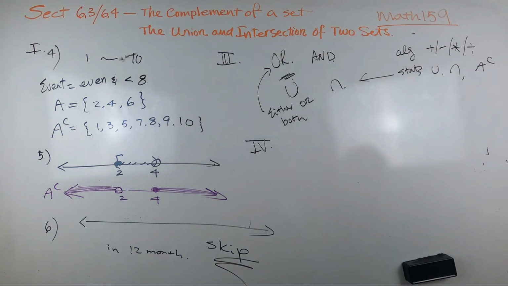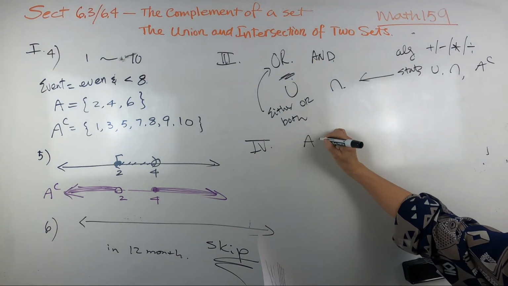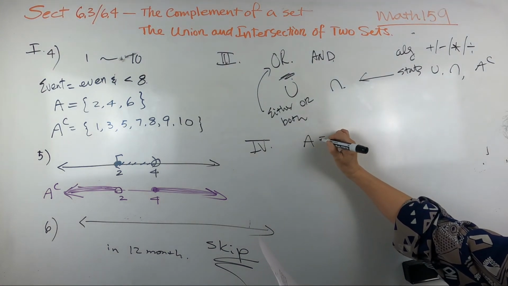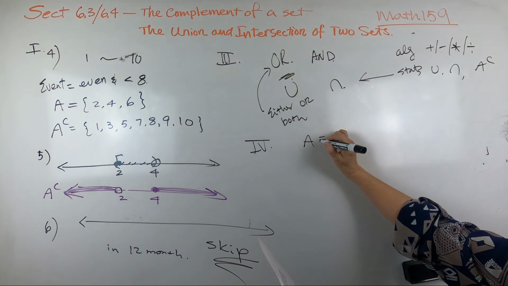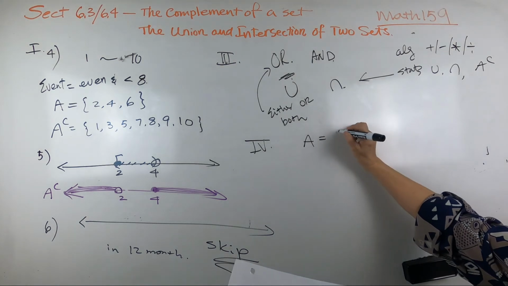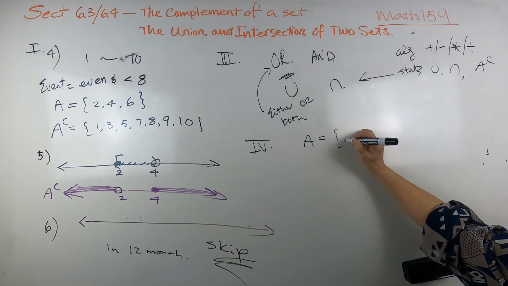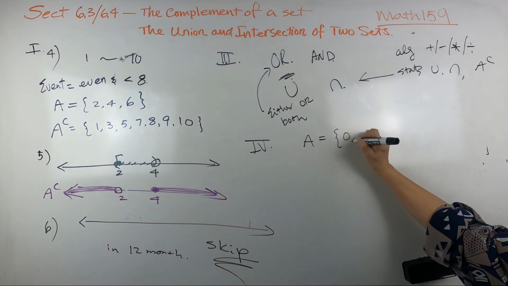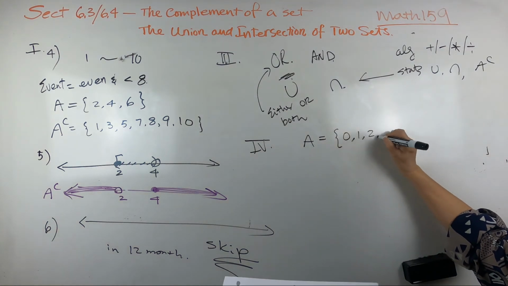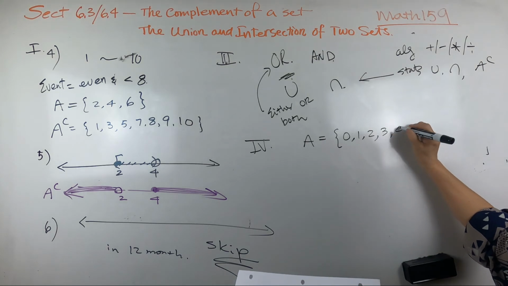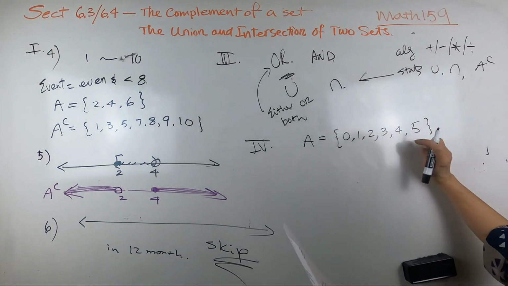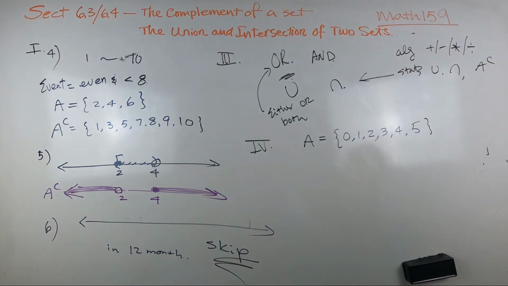First, the event for who has fewer than 6 windows. If your house has less than 6 windows, how many can you have? Up to 5, right? You may not have a window. You have 1, 2, 3, 4, 5 windows, less than 6, right?